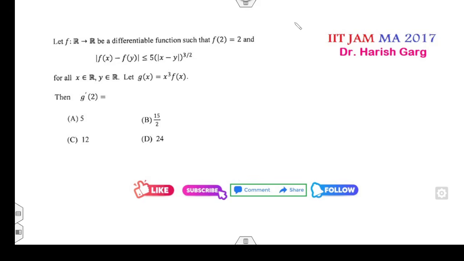Okay, look at the next one. Again, it's similar. I can divide by f x. I can divide x minus y on both sides. Find mod of x minus y. That will be 5 into x minus y raised to power 1 by 2. Take the limit as x approaches y.